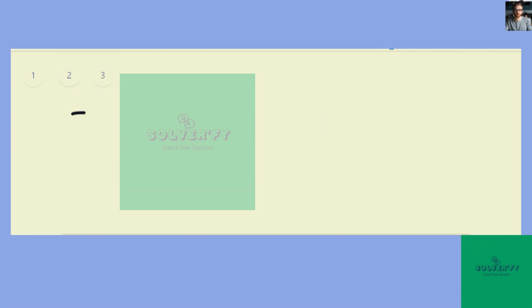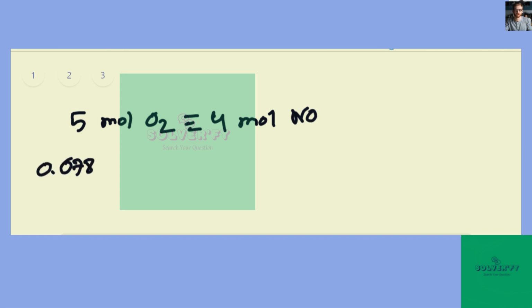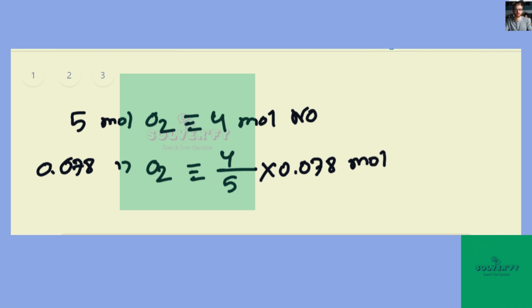So 5 mole O2 will produce 4 mole of NO. That means 0.078 mole O2 will produce 4 over 5 times 0.078 mole, which is equal to 0.0624 mole. So 0.0624 mole NO will be produced.